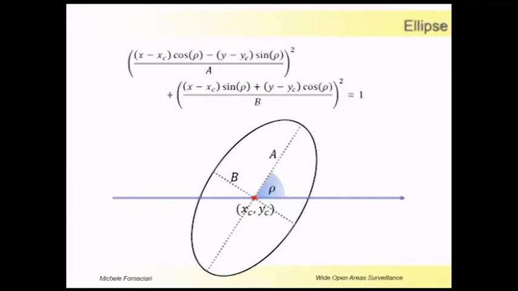The ellipse is geometrically composed of 5 parameters: the coordinates of the center, the semi-axis ratio, the length of the semi-axis, and the orientation. 5 parameters means that we need a lot of computation to estimate this, and most of the works exploit some geometric properties or some tricks to compute these parameters.